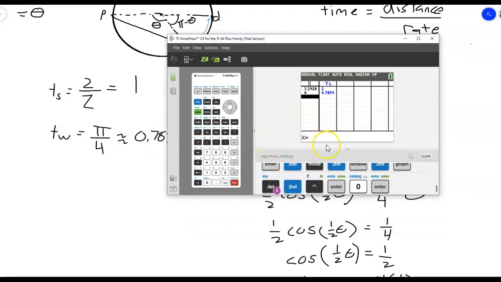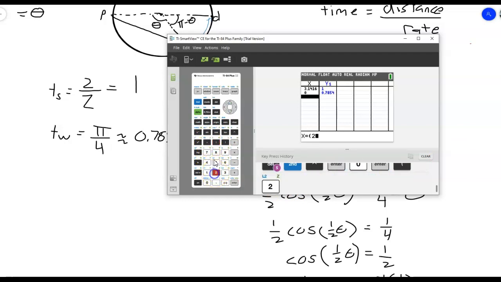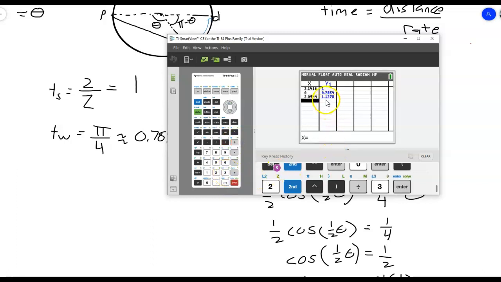Sure enough, we got that 0.785. Now we're going to check that critical value of 2 pi over 3. So 2 pi divided by 3. And it looks like it's going to take us even longer to walk around the circle, or to do that than it took us to do the other two things.